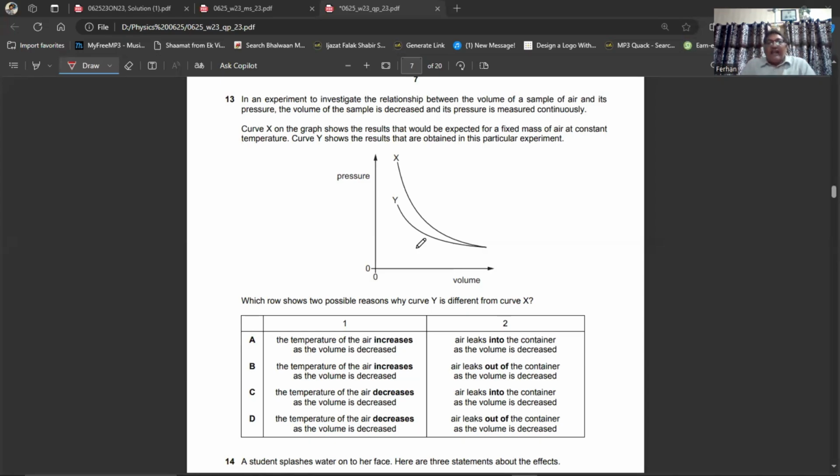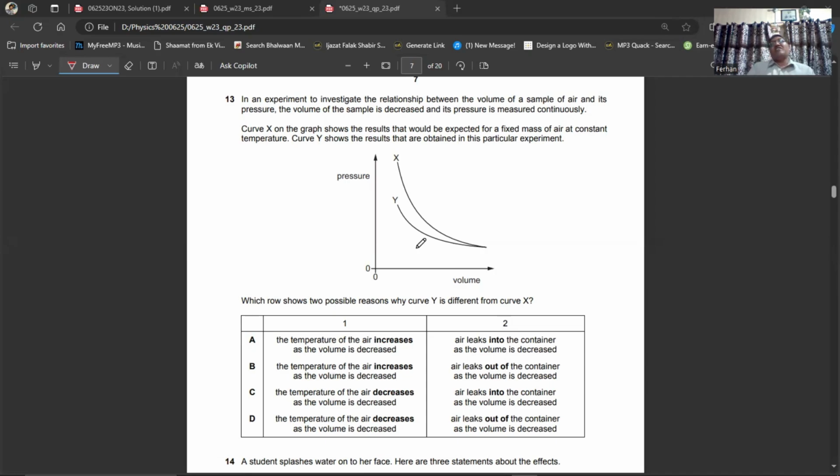One is temperature, and the other is the amount of air in that cylinder. Because when you decrease the volume, normally when you compress something, the temperature rises. But if the temperature rises, then the pressure should increase. But here, in the Y curve, when you decrease the volume, the pressure has not increased that much.